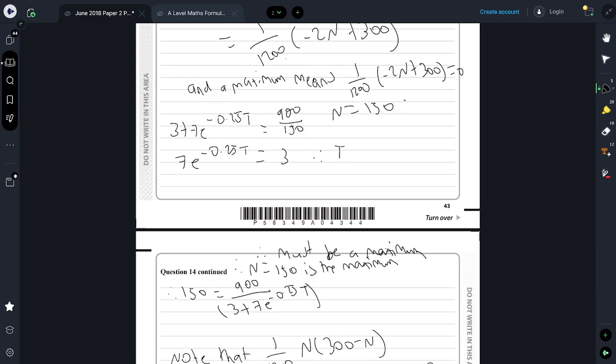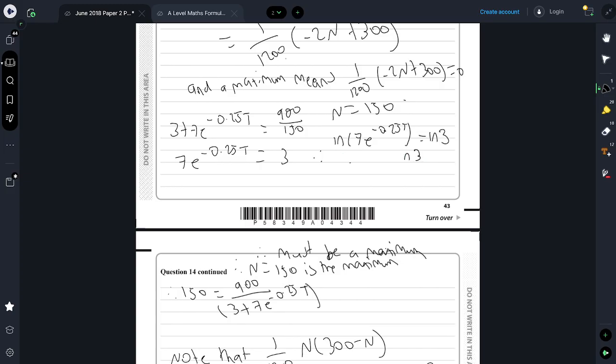Therefore, for t, if you log both sides, I'm going to make that clear actually. I'm going to say ln of 7e to the minus 0.25t equals ln 3. And what you can do here is move it on both sides. Actually no, that's not right. Hang on.